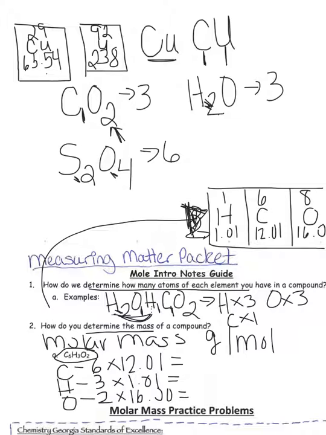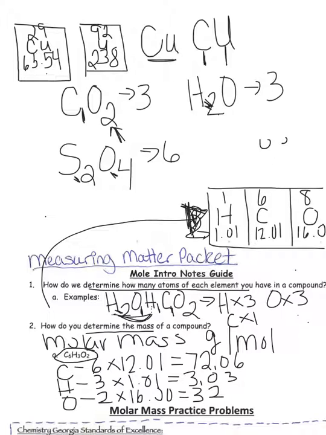That's how we get molar mass. Alright, so 6 times 12.01 is 72.06, and 3 times 1.01 is 3.03, and 2 times 16 is 32.